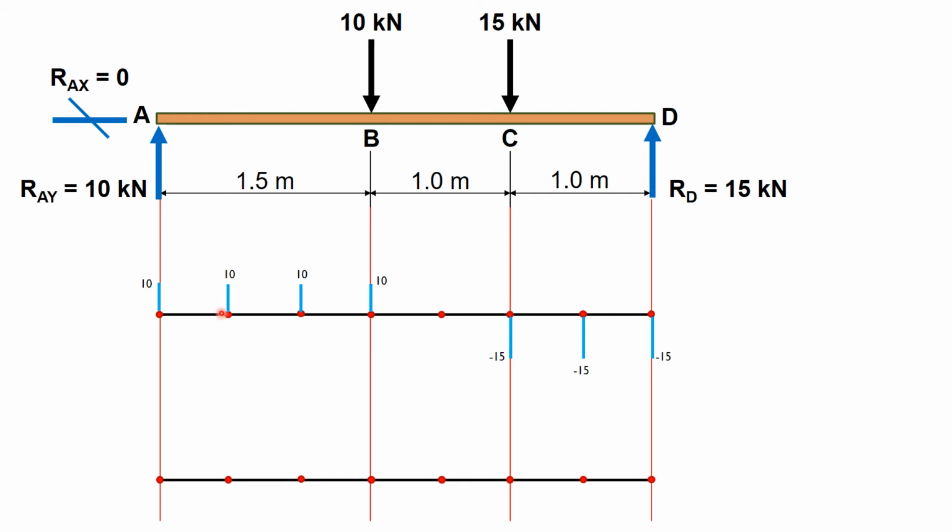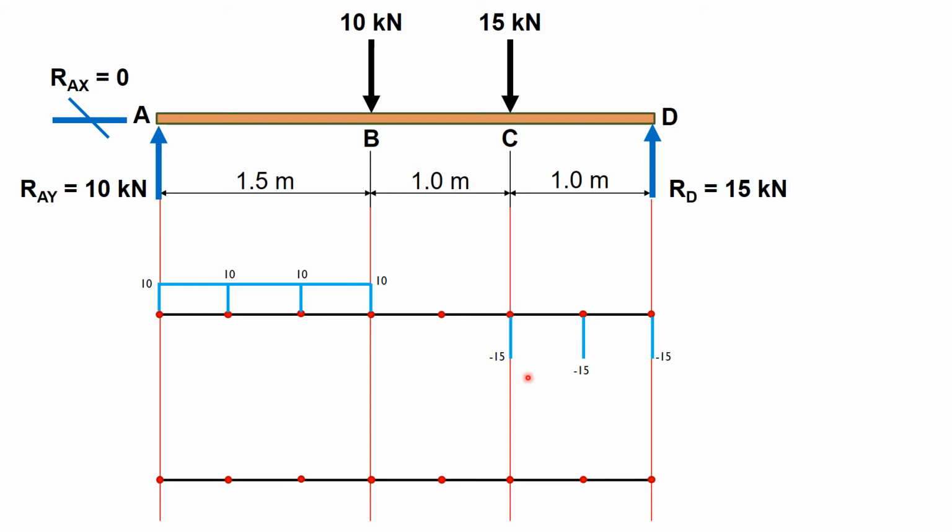So after plotting the ordinates, you need to connect these ends of the ordinates. So for example, for segment AB, so you just connect these points. So this is now your shear diagram for AB. Now for BC, since 0 lahat yan, so again, walang shear diagram.